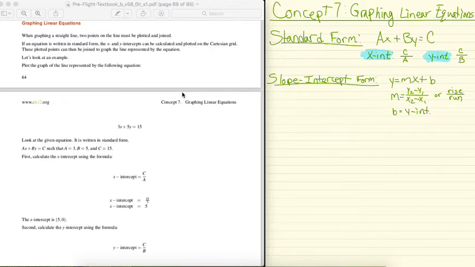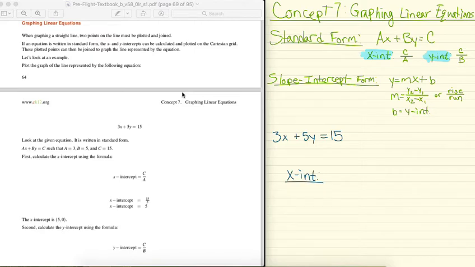Okay, so if we look at the problem they give us to start this off, we have the equation 3x plus 5y equals 15. So 3x plus 5y equals 15.